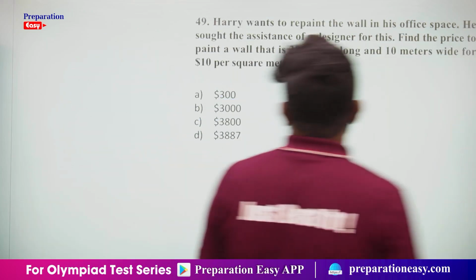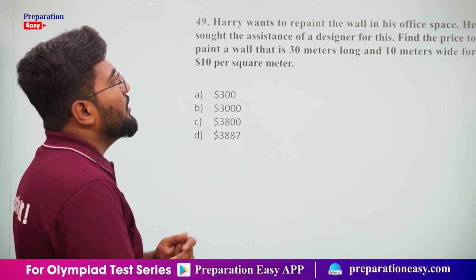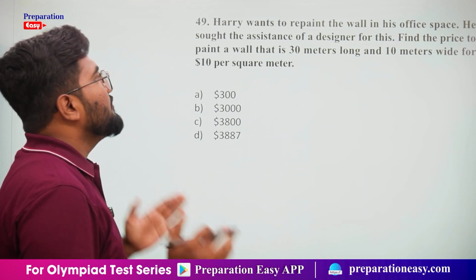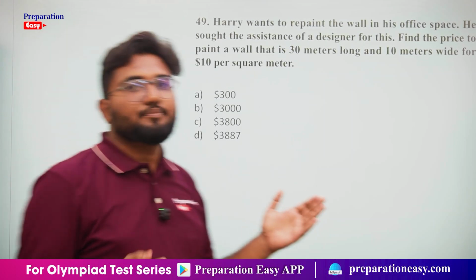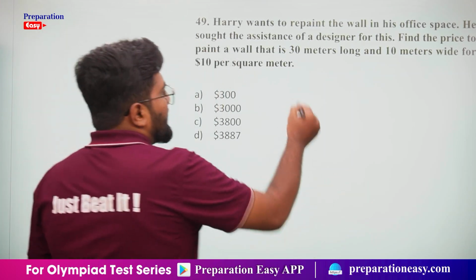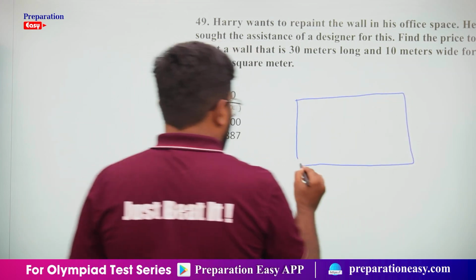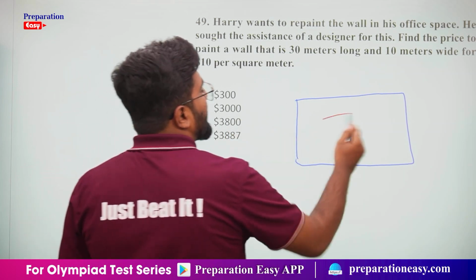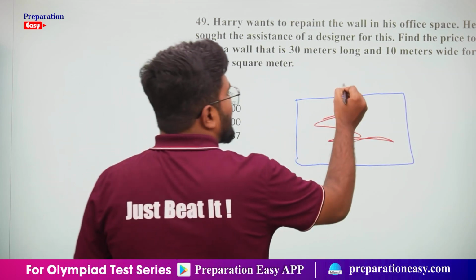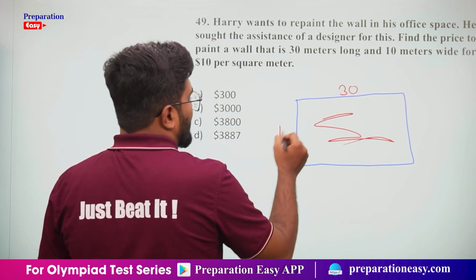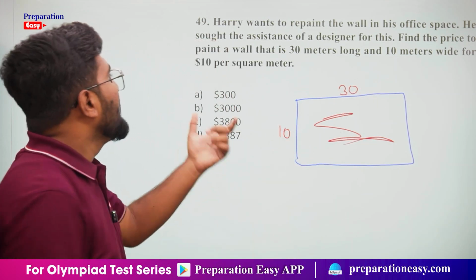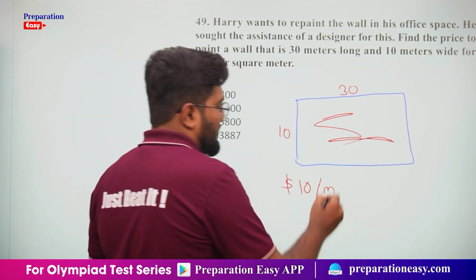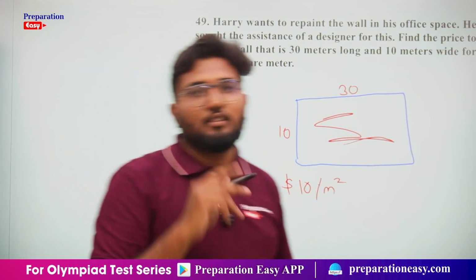Next question. Harry wants to repaint the wall in his office space. He sought the assistance of a designer for this. Find the price to paint a wall that is 30 meters long. Suppose this is the wall. The length is 30 meters, the height is 10 meters, and the cost is $10 per square meter.